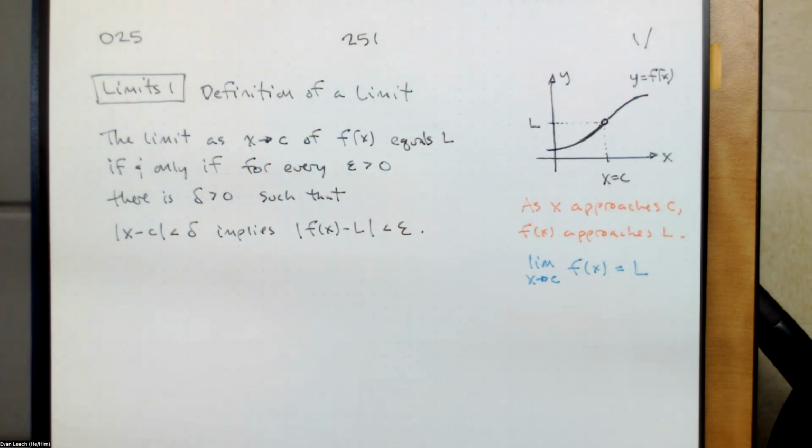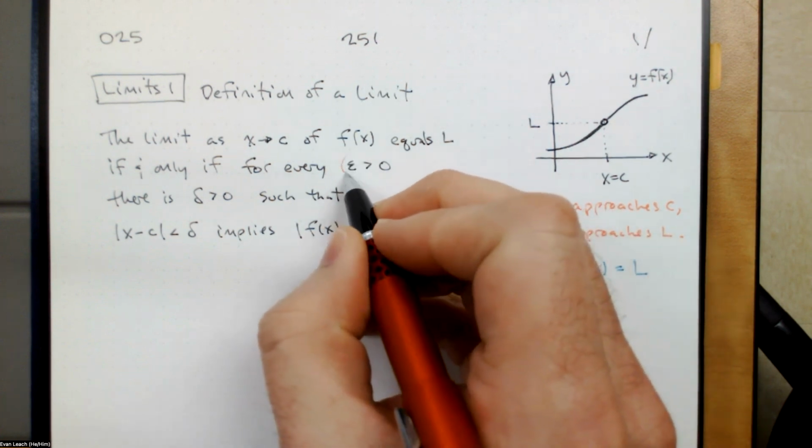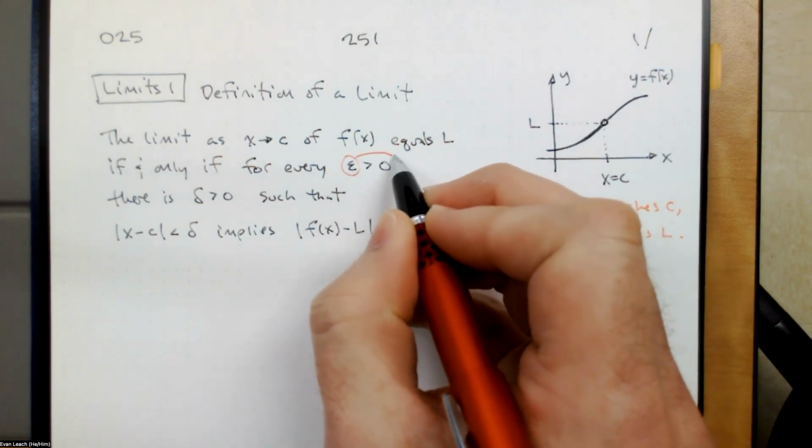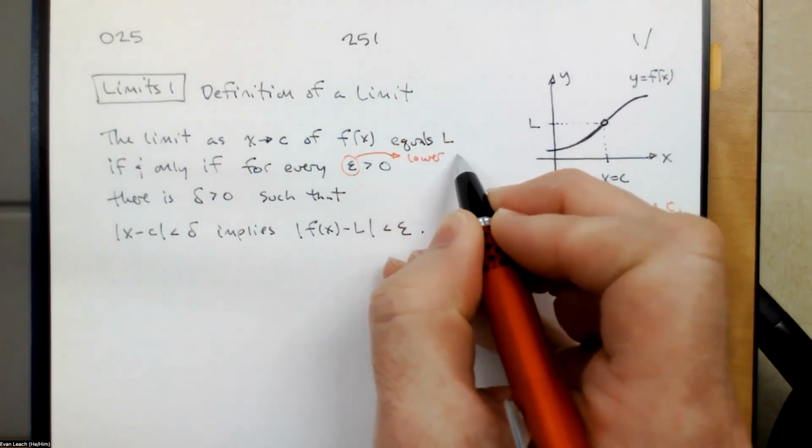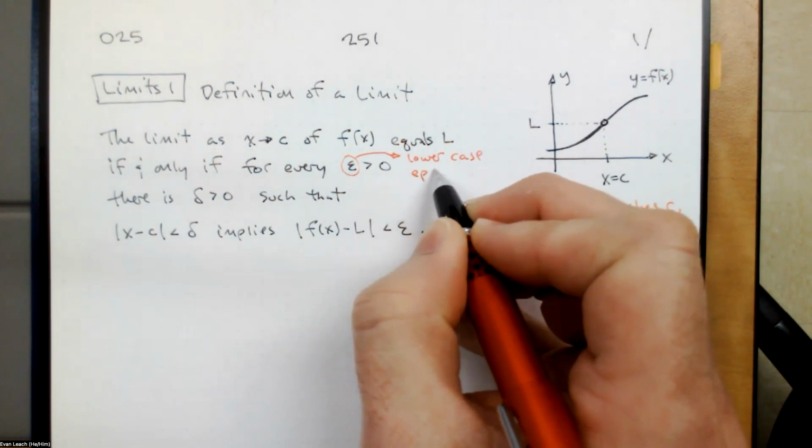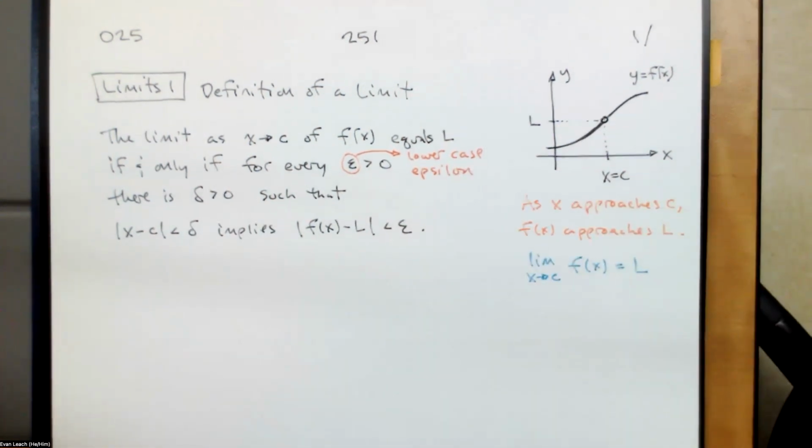So, like I said, this little thing is epsilon. We think of this as our tolerance. This is the required tolerance. How close do you want f of x to be to L? The idea behind this definition is that we can make f of x as close to L as we want, so long as x is sufficiently close to c.